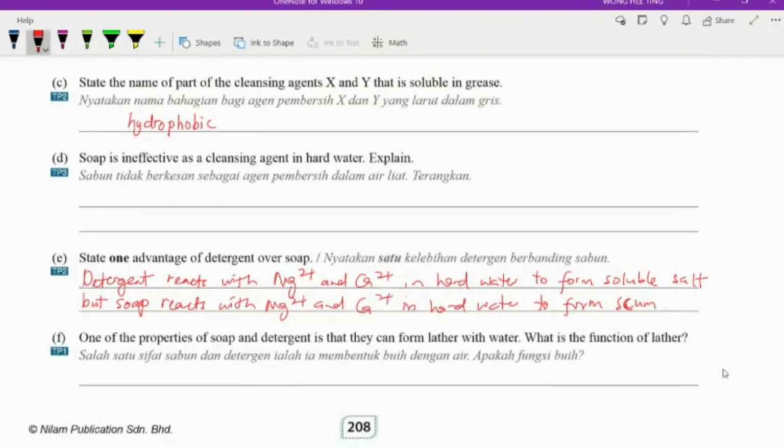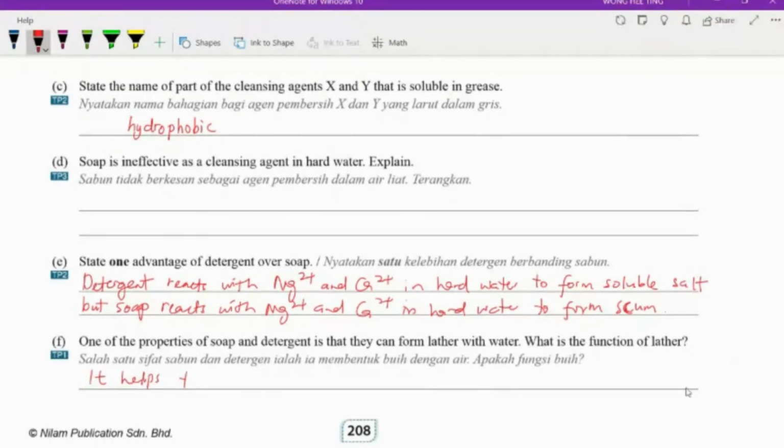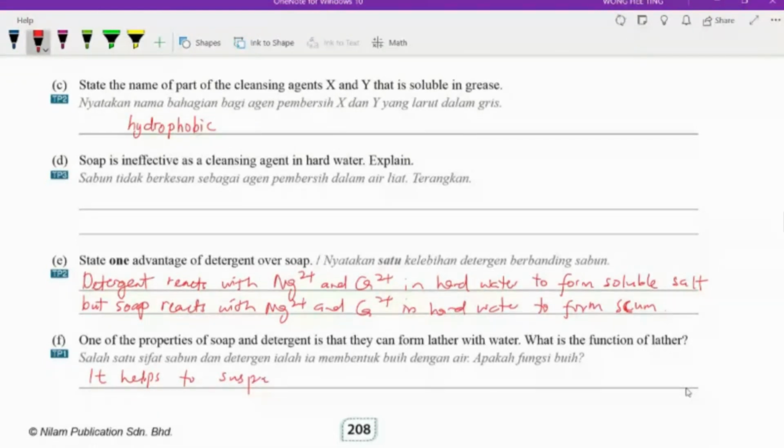So it helps to wash off or suspend the grease particles so that you can wash off the grease. Kelvin, your answer is correct.